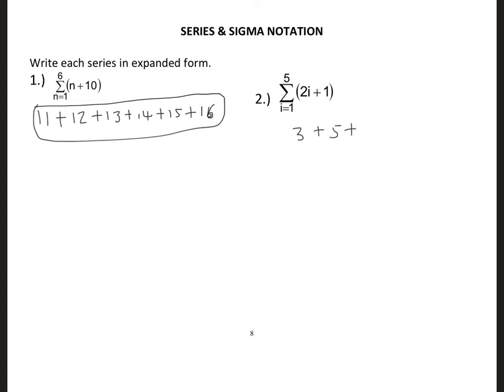Then I plug in 3, so this is going to be 7. Then when I plug in the next numbers, I'll get 9 and then 11. So that's how the sequence is going to be. Remember, it is finite, it stops at 5. It doesn't keep going.